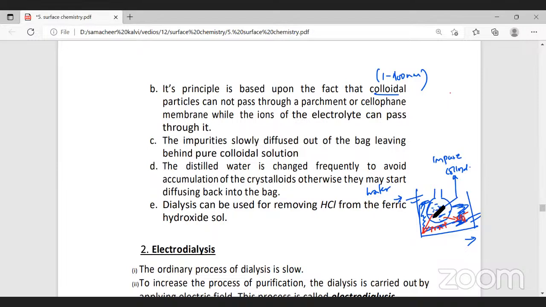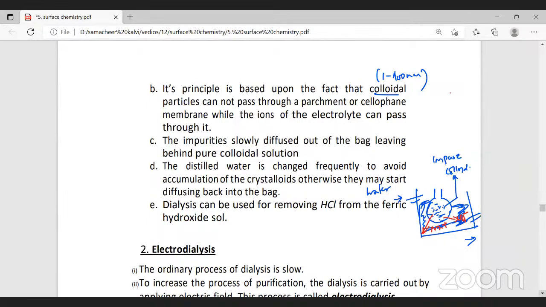In order to purify gold sol, the impurity is NaOH or KOH. How do you remove that NaOH or KOH? You take the gold sol in a parchment paper bag or a cellophane membrane and flush it out with water. The electrolytic impurities come out of it, and this is a slow process.